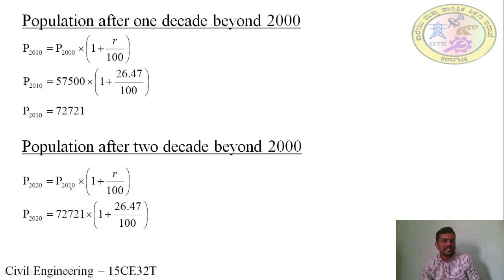So population for the year 2010 we have calculated here, 72,721, and R we have already found in the last slide, 26.47, which is the average increase in population per decade. After substituting the values in the expression, we get the population for the year 2020 as 91,971.